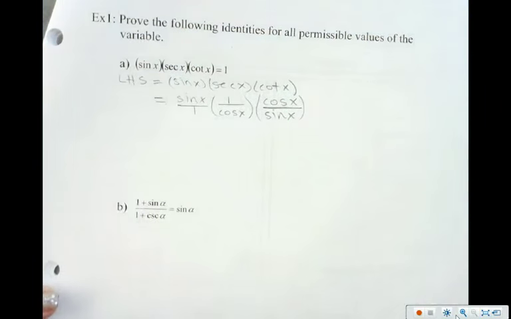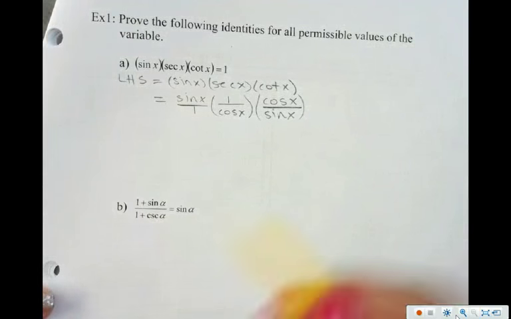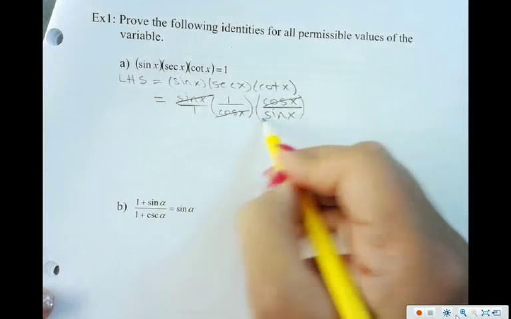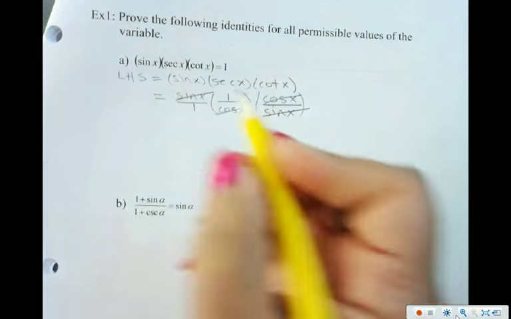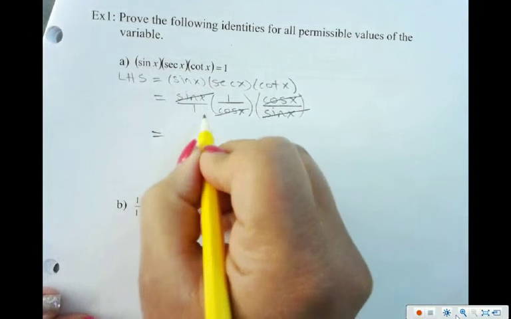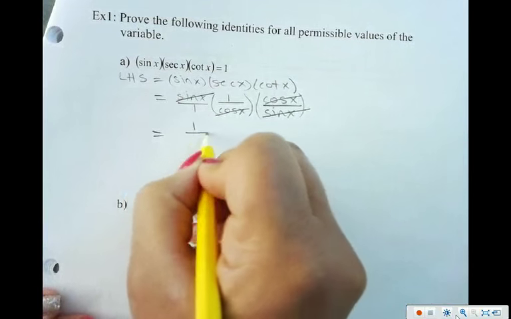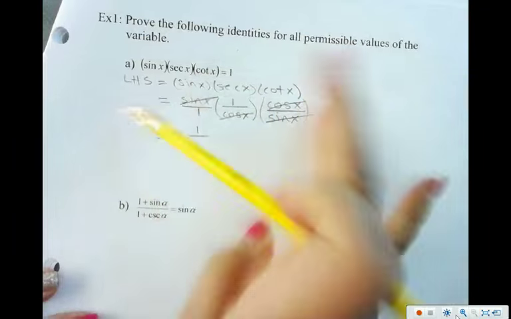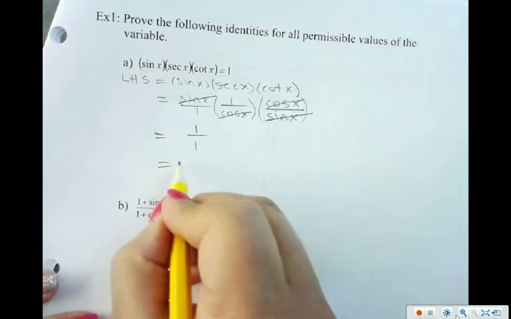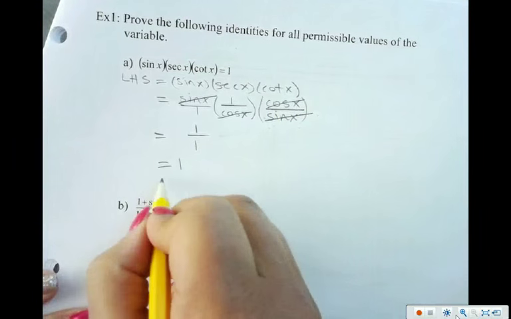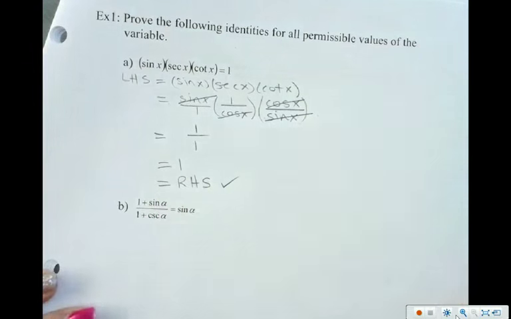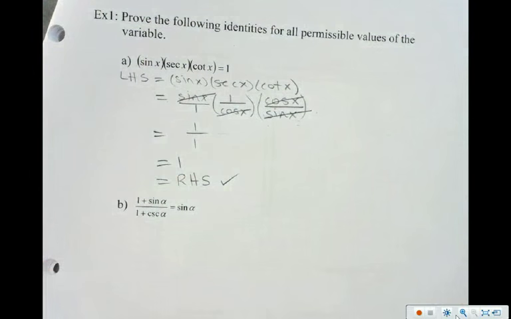All right, and now we can reduce this cos for this cos, this sine for this sine, and then we end up with 1 over 1, which is equal to 1, which is equal to the right-hand side. All right?